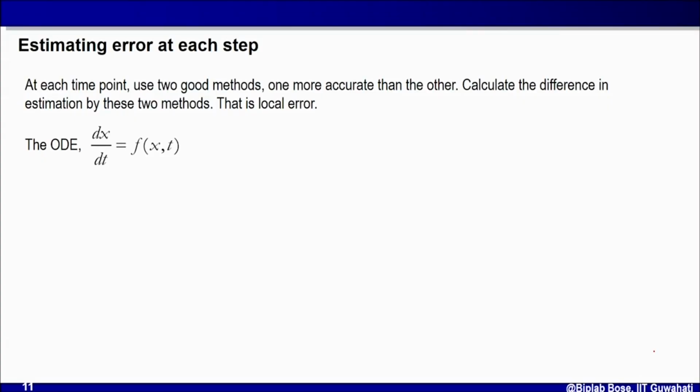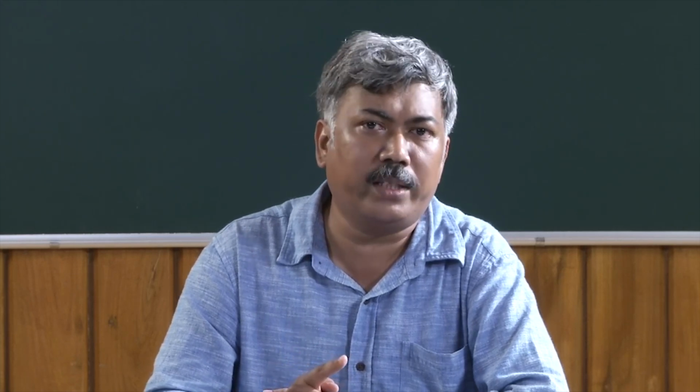So what you do is calculate the new value of x at the next time point using these two methods and calculate the difference between the results of these two methods. That difference in the results obtained by these two methods is my estimate of error.